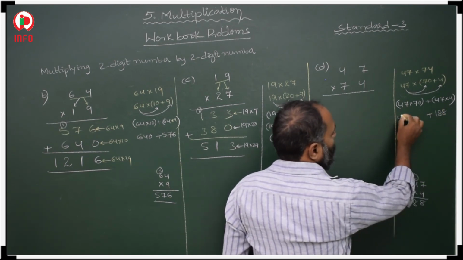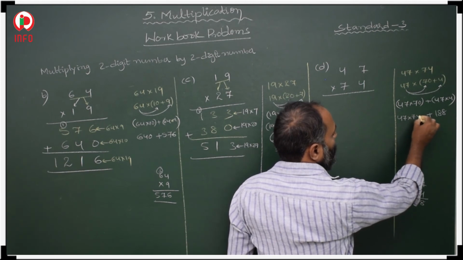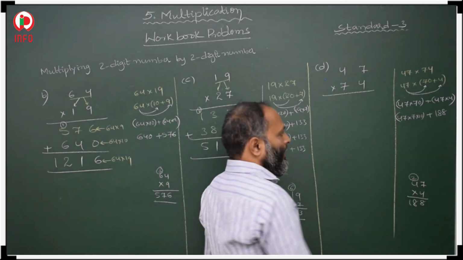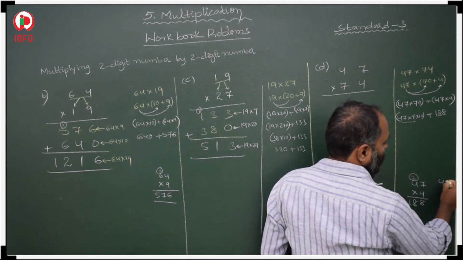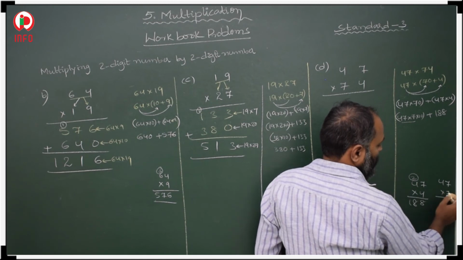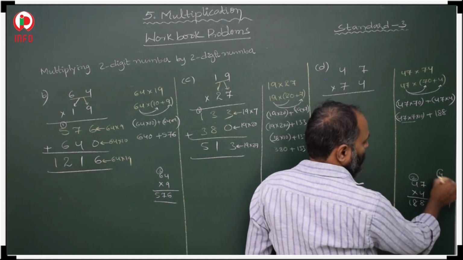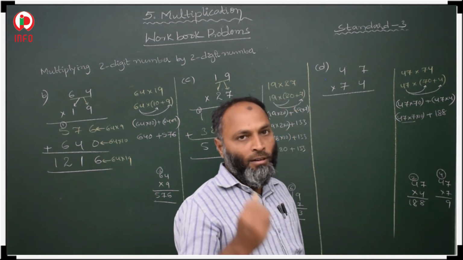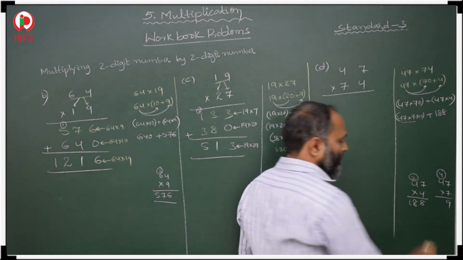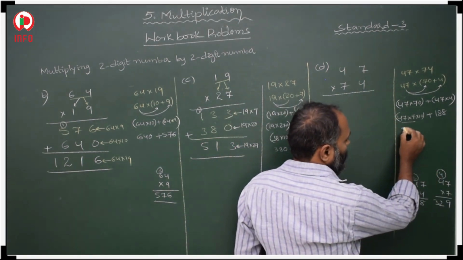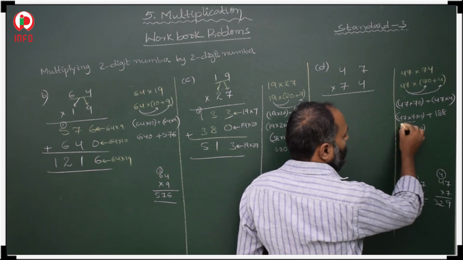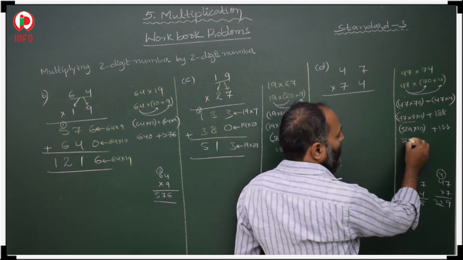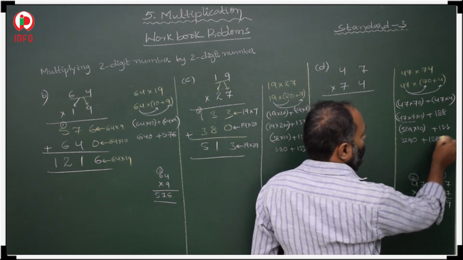47 into 70 means 47 into 7 into 10. Again we have to do 47 into 7: 7 7s are 49, here 4; 7 4s are 28, 28 plus 4, 32. So 329 into 10 plus 188. 329 tens, tens means 1 zero.